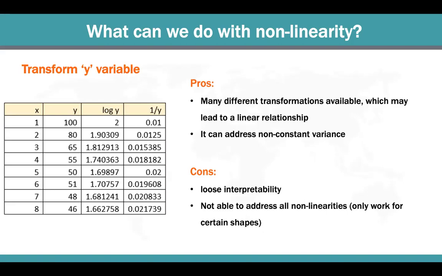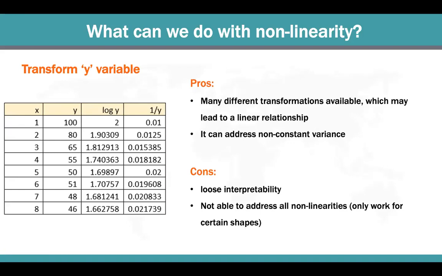But there are also pros and cons, the advantages and disadvantages. We'll talk about it later. So today we'll just talk about one method, which is log y. We use the log function to transform y, and it may help us to make our line more linear.